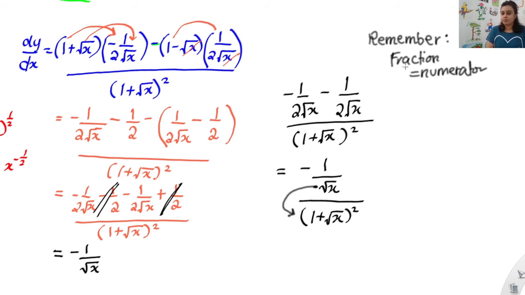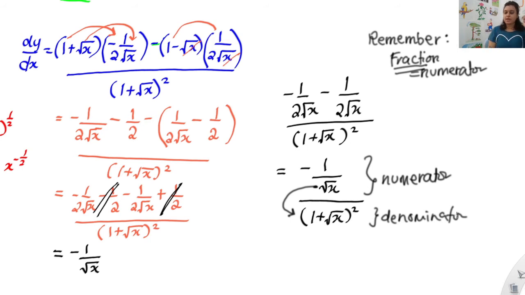So remember, you have a fraction as the numerator, because this one up is the numerator, down here is the denominator. Now this whole thing is a fraction, but up here you have a fraction too.